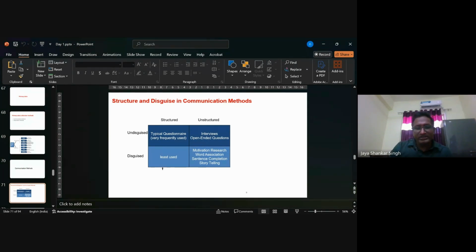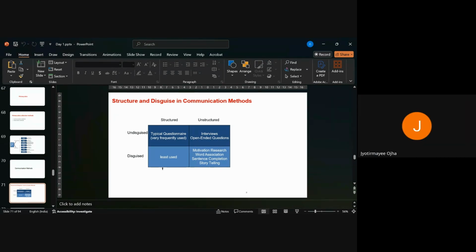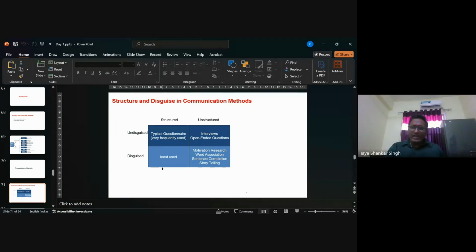Can you give me an example of a structured communication method of data collection but disguised? So interview can be a communication method, obviously. Interviews can be both structured and unstructured.